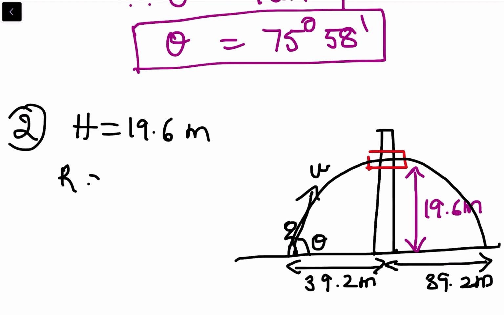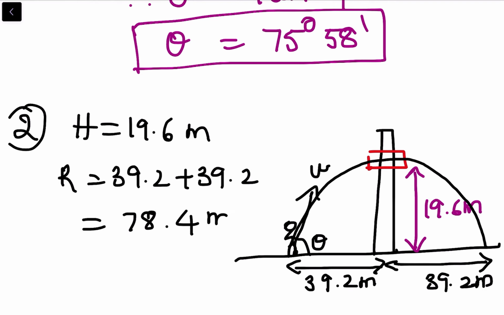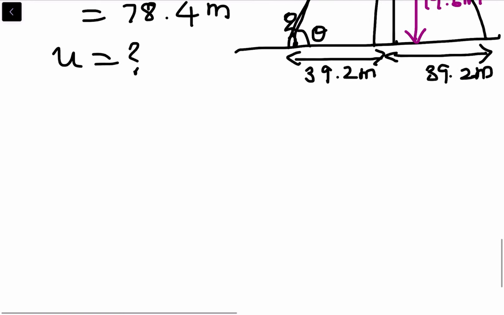Therefore total range is 39.2 plus 39.2, which is 78.4 meters. Therefore we have to find u is equal to question mark. That is our problem now. Let's solve it. It's easy, nothing difficult here.